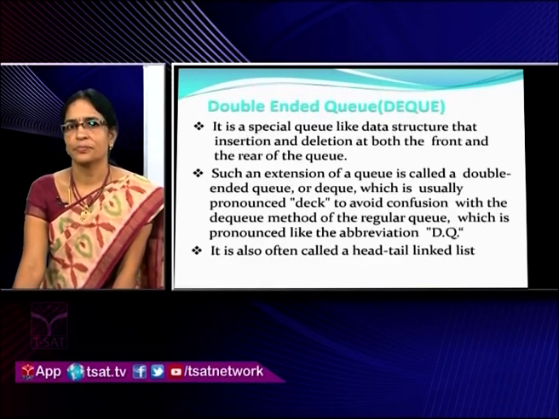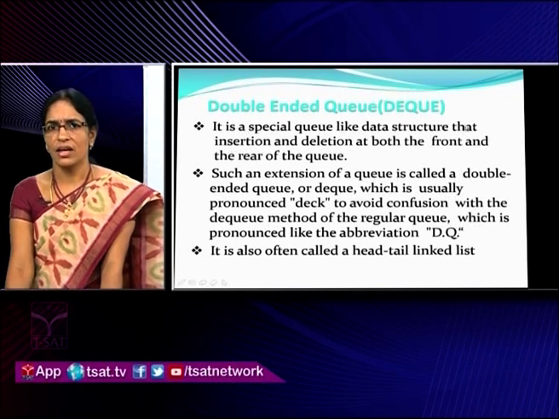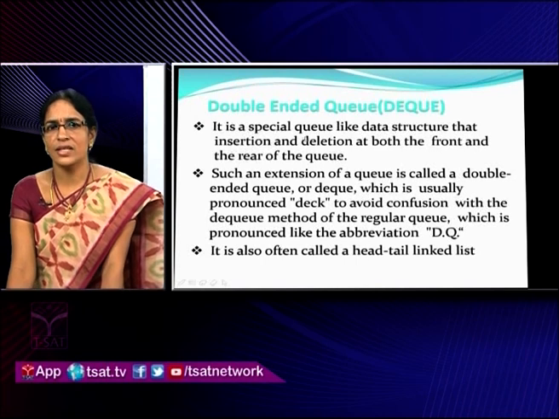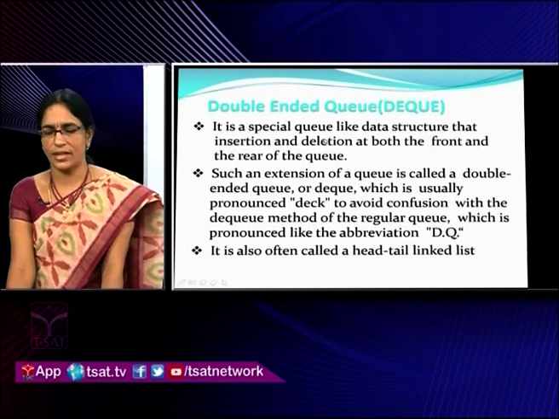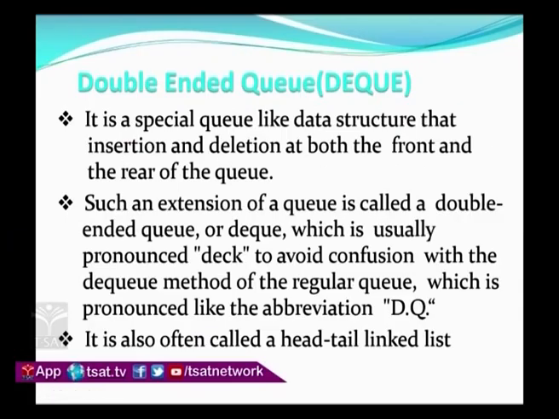Next, another queue, that is a D queue. It is a special queue-like data structure. Here the insertions and deletions are at both front and rear. That means in both cases we can insert as well as delete.